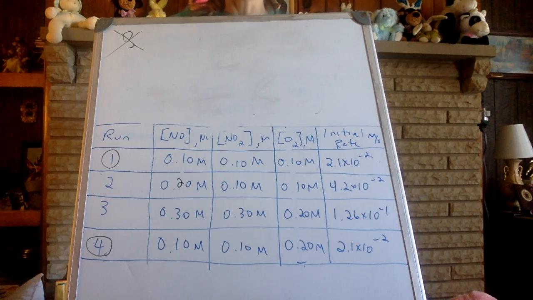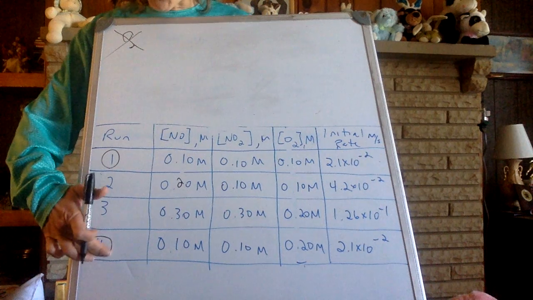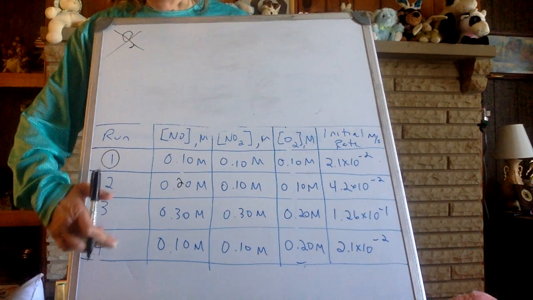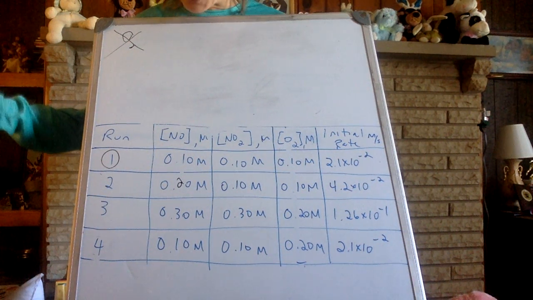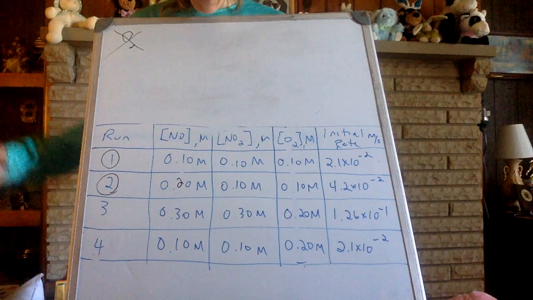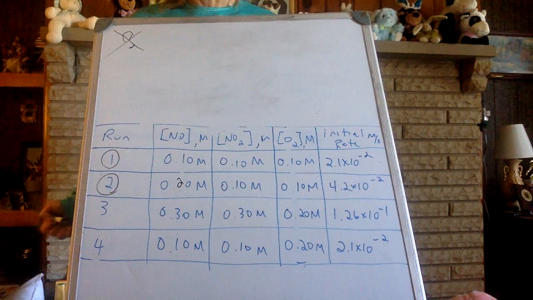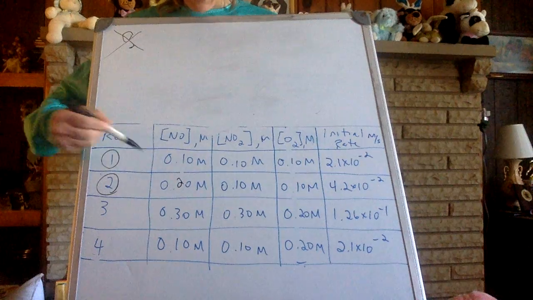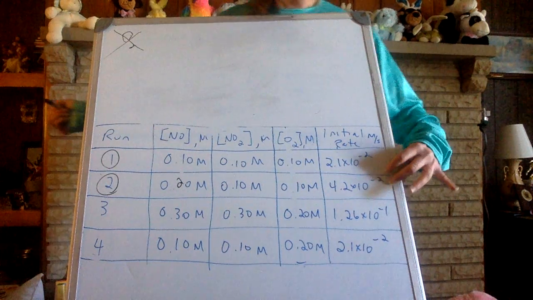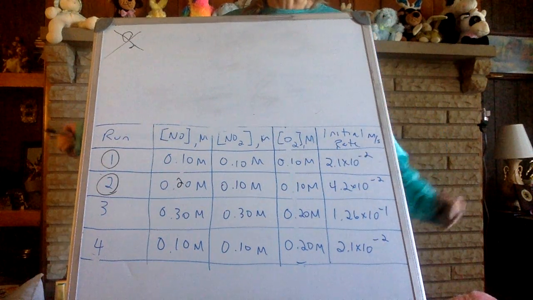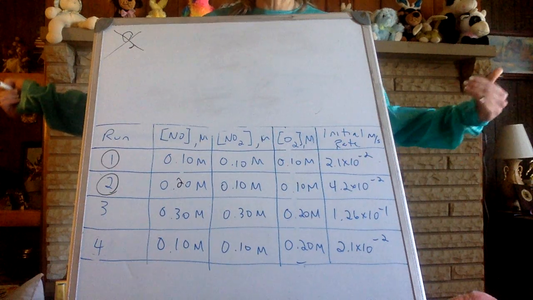So now we want to see how doubling NO or NO2, changing those concentrations, affects my rate. Let's look at the difference between 1 and 2. I doubled NO. I went from 0.1 to 0.2. Look at my rate. It doubled as well. 4.2 is twice 2.1.